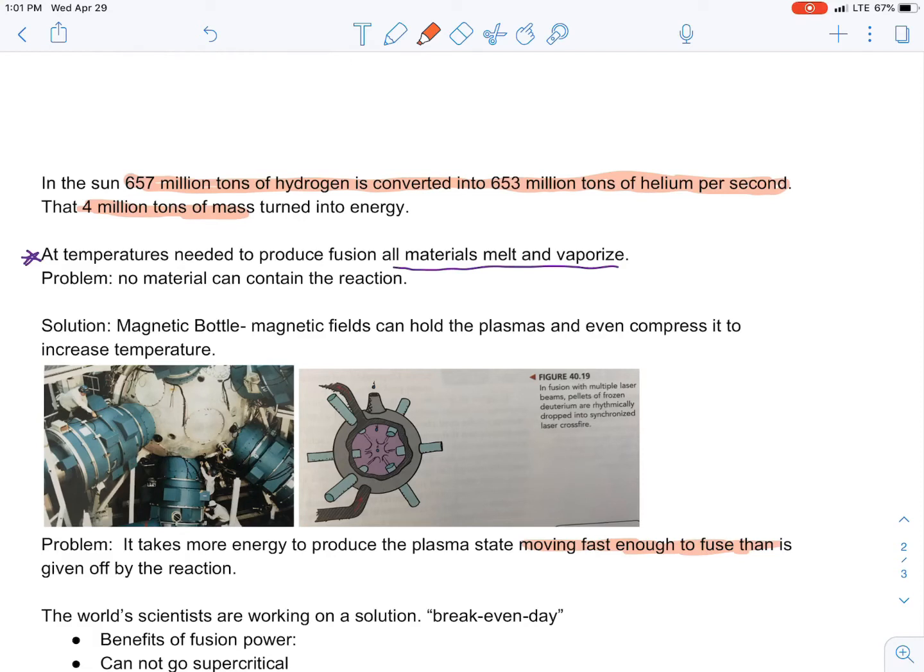They can't get it self-contained where the fusion will just go on by itself, because they got to keep sending particles in. They got to keep applying energy to contain it. They just can't keep it self-contained like it is in the sun. They just haven't figured it out yet. So that's a reason we can't do fusion on Earth as a power source right now.